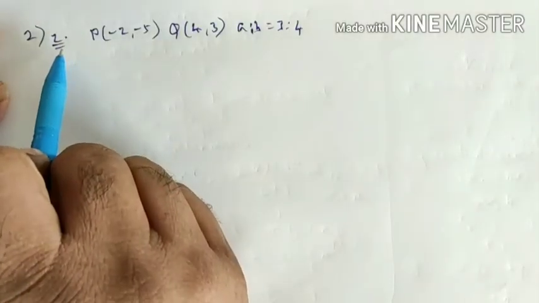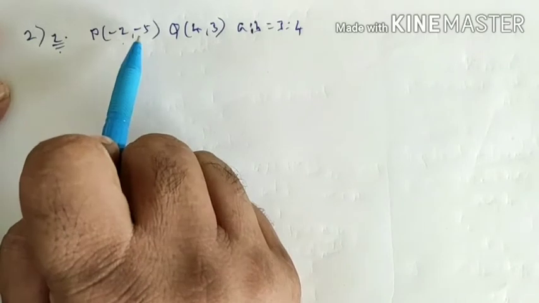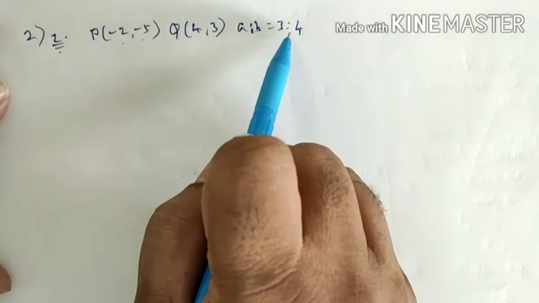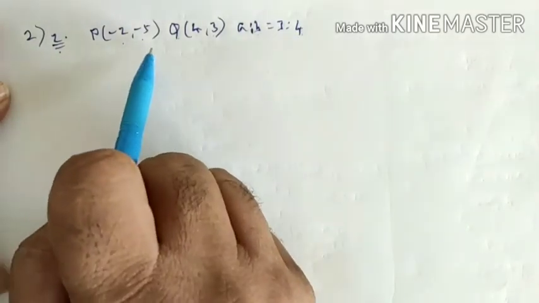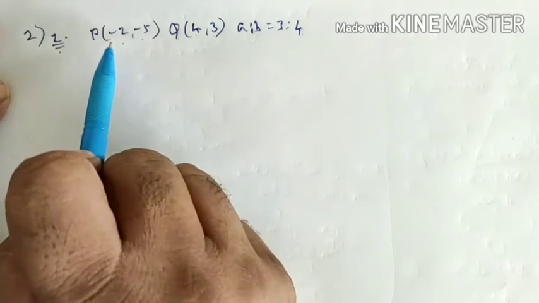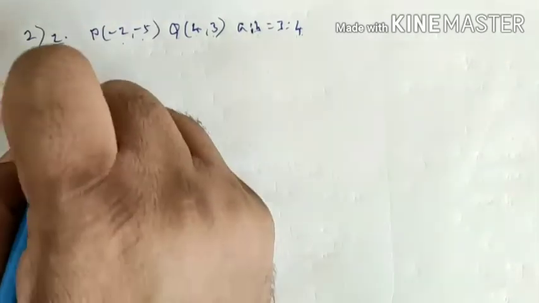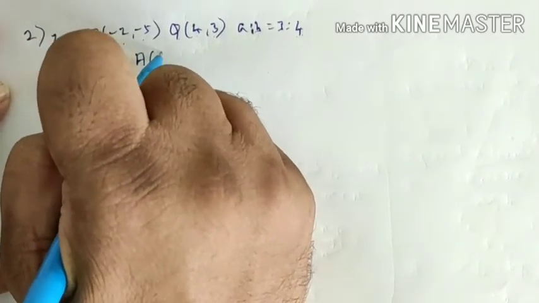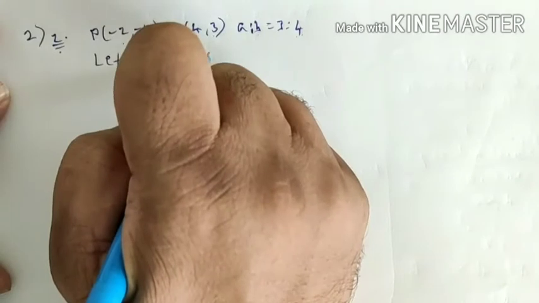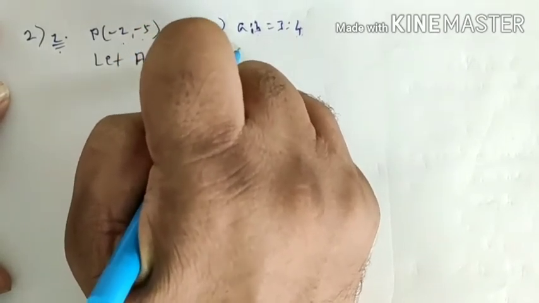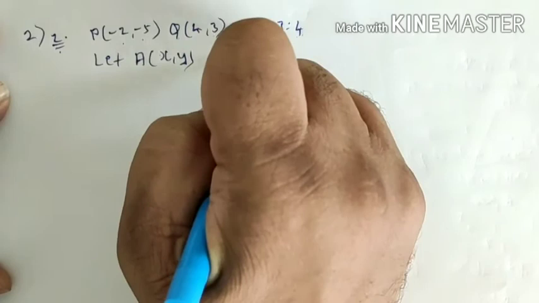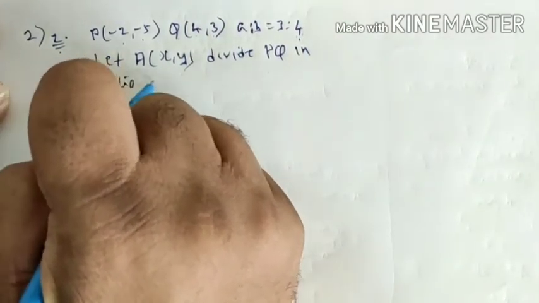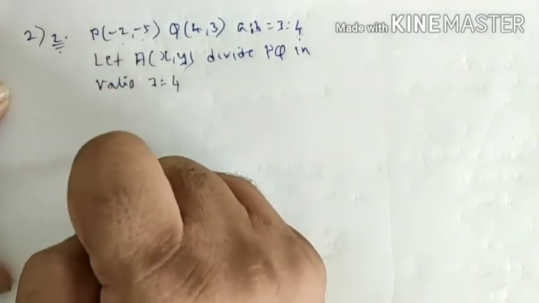See question number 2, second sum. P is given (-2, -5), Q is given (4, 3), A is to B is given as 3 is to 4. We want to find the coordinates of the point A which divides PQ in the ratio 3 is to 4. So here we shall write: let A, whose coordinates are (x, y), divide PQ in the ratio 3 is to 4.